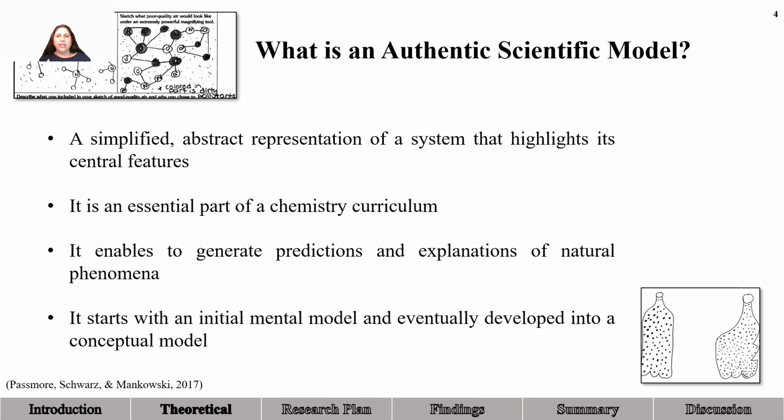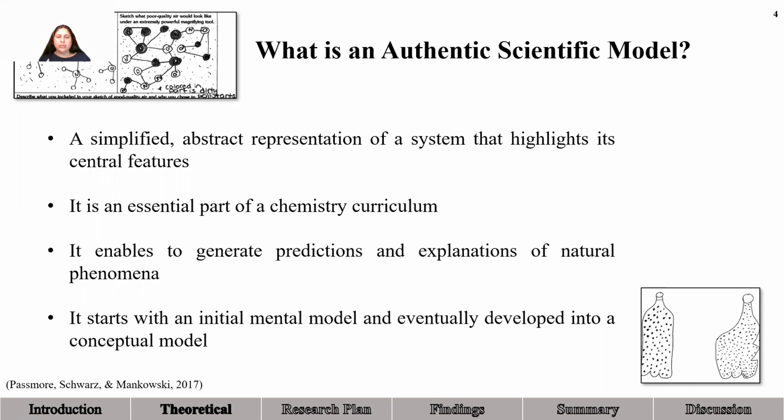What is an authentic scientific model? An authentic scientific model is a simplified, abstract representation of a system that highlights its central features explicitly. It is an essential part of a chemistry curriculum, without which we cannot imagine the teaching and learning of chemistry.